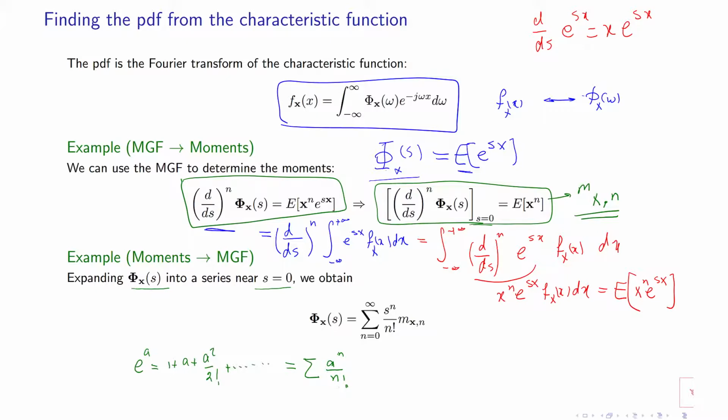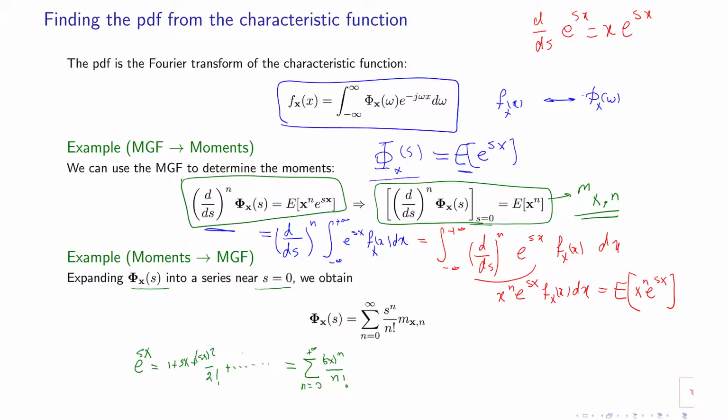So I could replace a by sx. Here I get sx to the power of 2, etc., and then here I get sx to the power of n, and n is from 0 to plus infinity.